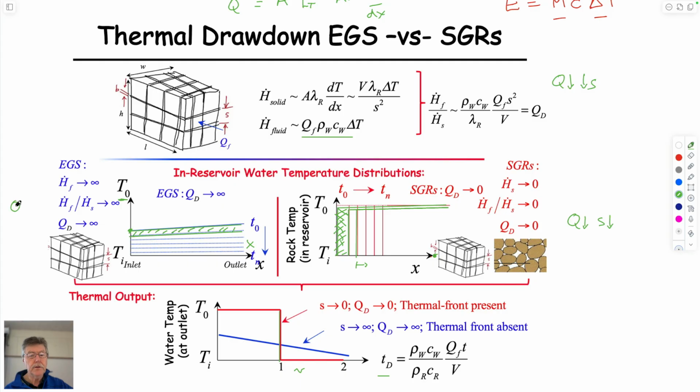Conversely, this would be Q large and S large. And if you look at these behaviors, it's predicted by this behavior. If they're both large, then you'd end up coming down like this. And so this means that at the outlet, you start off at a low value here, and progressively it would get lower and lower as you go through here.